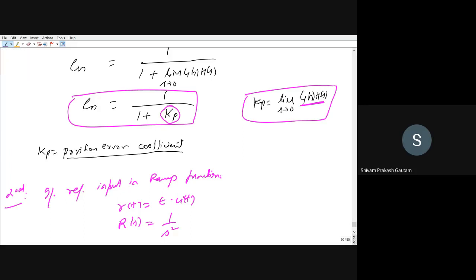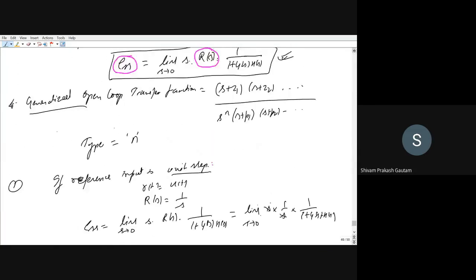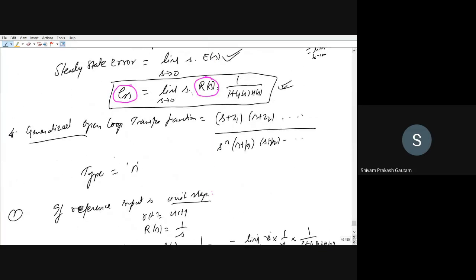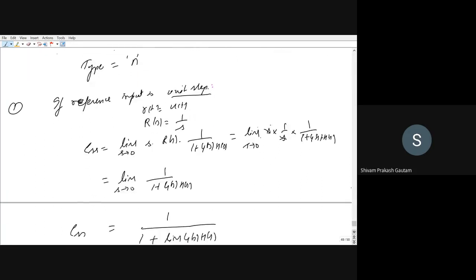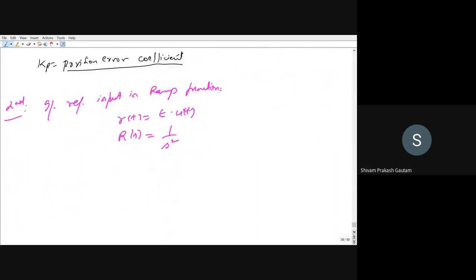So we will again use the same formula that we have seen. That is e_ss will be equal to limit s tends to 0, s into R(s) into 1 upon 1 plus G(s) into H(s). Now substitute the value of R(s), that is limit s tends to 0, s multiplied by 1 upon s square, into 1 upon 1 plus GH.